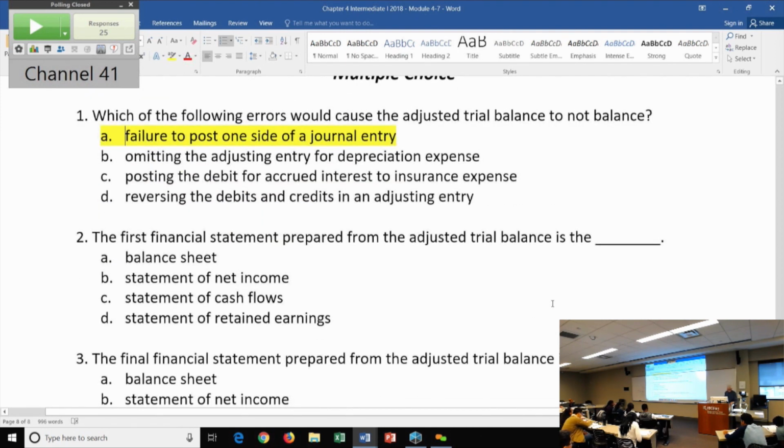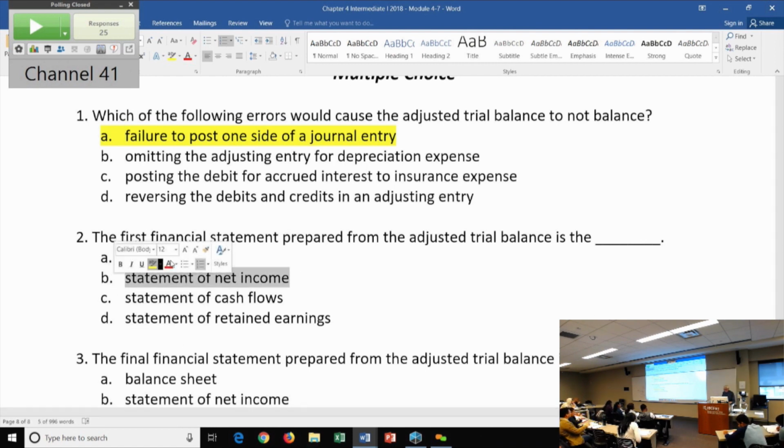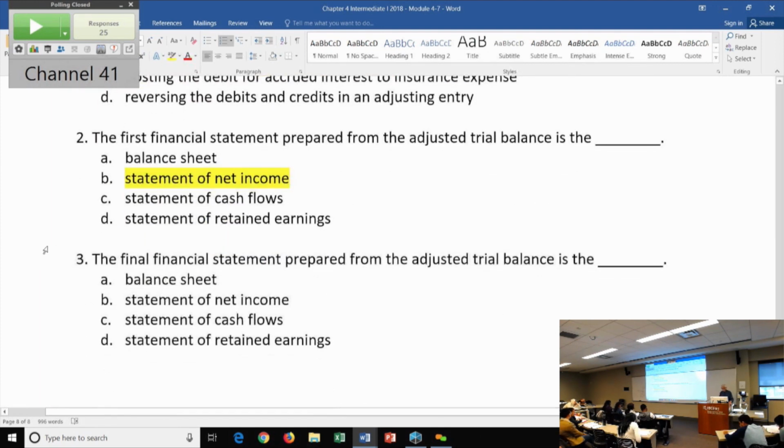And we also told you that the first statement to be prepared is the statement of net income. And although we didn't show you this, the last statement that we're going to prepare is going to be the statement of cash flows.